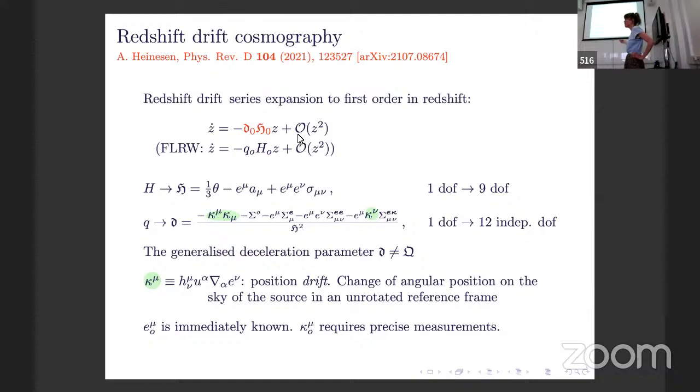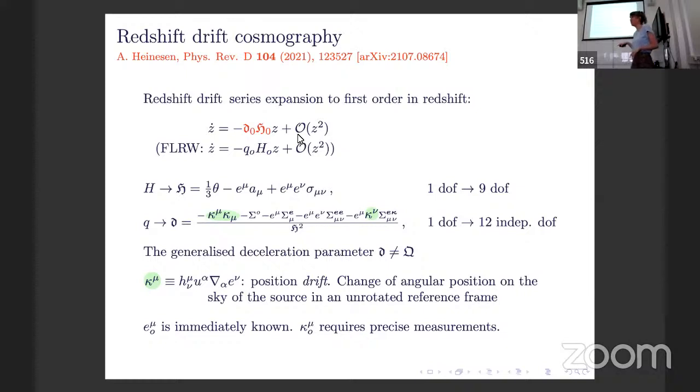So the position drift itself for a nearby source, you can expand in the affine parameter itself. And if you do this, you will get a cosmographic expression for position drift that you can plug into this relation, and so you get a relation that can be written purely as a multipole decomposition in the direction vector E. I see.